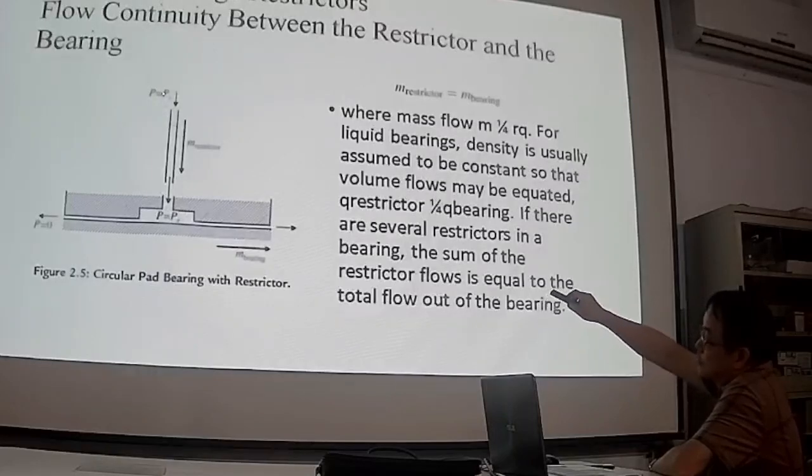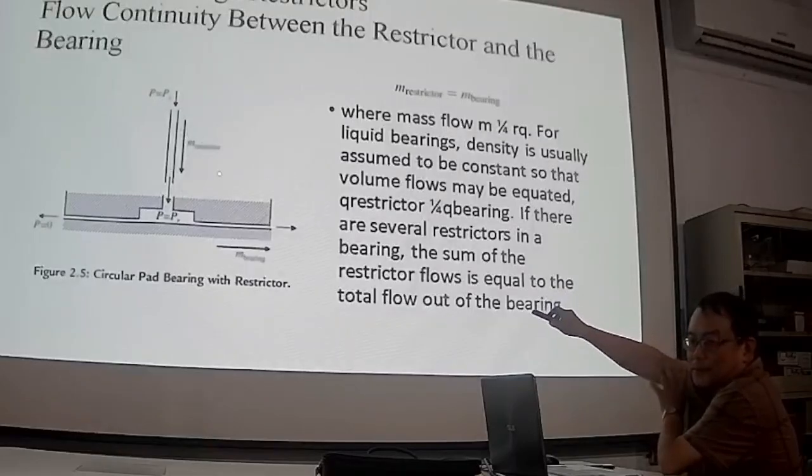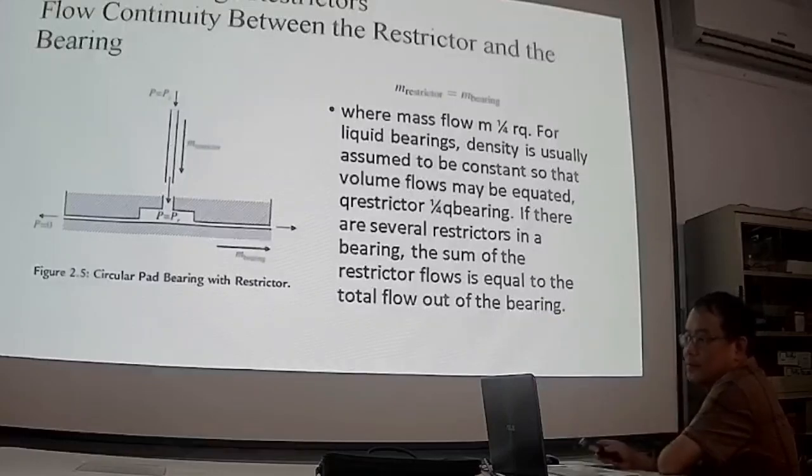From the supply pressure PS, in between you will have a device called the restrictor. And then we have a mass flow rate.